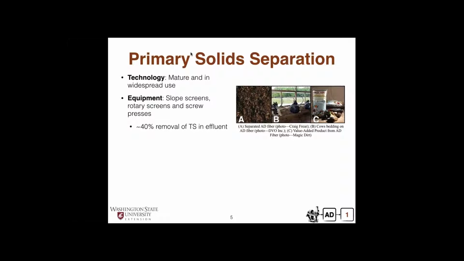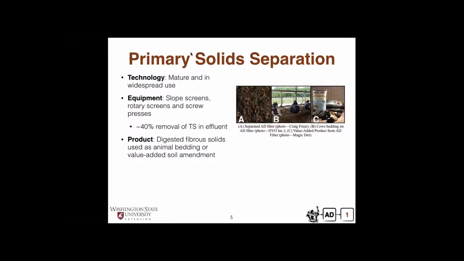This is one area where we can really focus the industry on getting dairies primary solid separation equipment in, and having them utilize the products from that. The main focus here is to get a stackable pile of separated fiber.